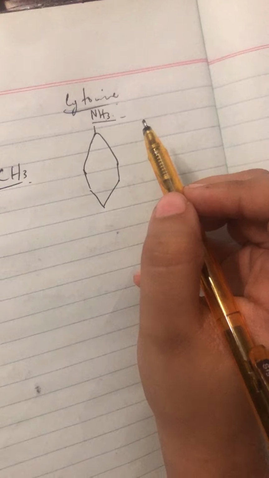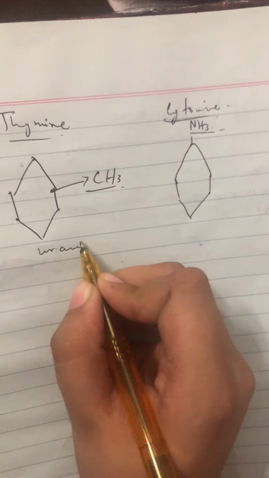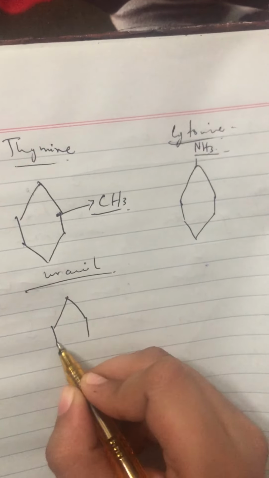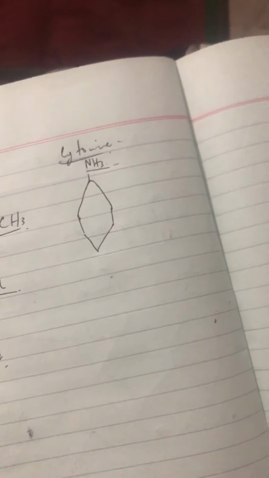In uracil it is basically a simple structure, no radical is present. So these are the differences in these ring structures. So these 5 were the nitrogenous bases.